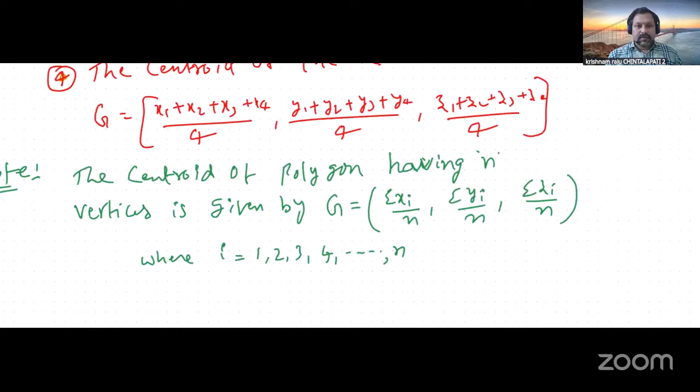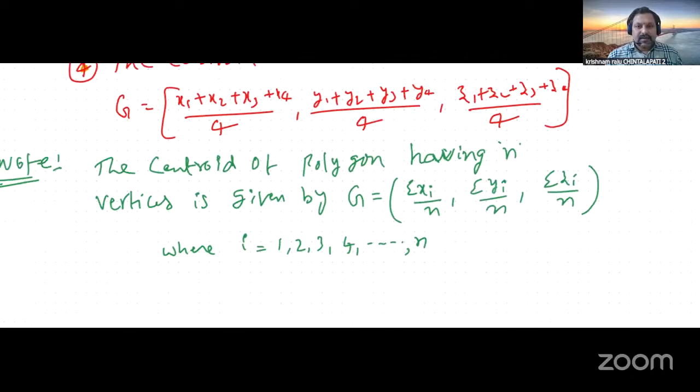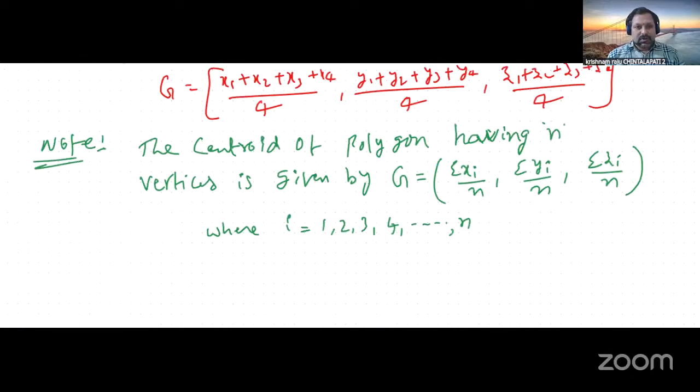Sir, once again explain that third point, sir. Which point, ma? Not point, note point. Yes, sir. Yeah, this is the conclusion point. What did I say? If you want to find the centroid of any polygon, polygon means enclosed diagrams.